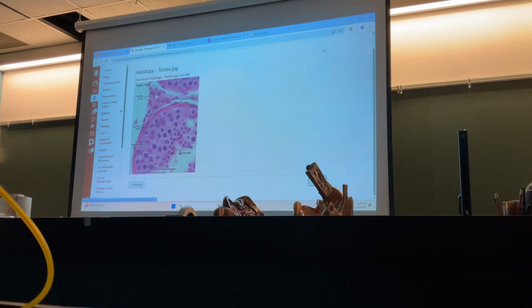Leydig cells remind me of the interstitial lamella, where you had your concentric lamella surrounding, basically I'm thinking of compact bone, surrounding an osteon. So like in between the osteons, you have the interstitial lamella. That's kind of what the Leydig cells look like to me, where they're in between the different tubules.